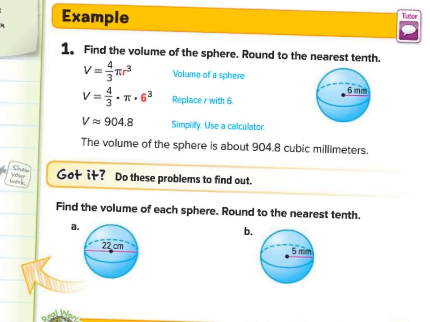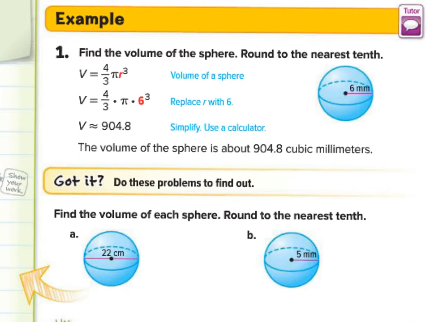Here's example 1, where we're simply going to replace the variables into this formula. We have a radius of 6 millimeters, so we just simply replace our radius with 6, we cube it, 6 times 6 times 6, right? Then we multiply by pi, 3.14, and then we multiply by 4/3, which you could also write as 1 1/3, sorry.